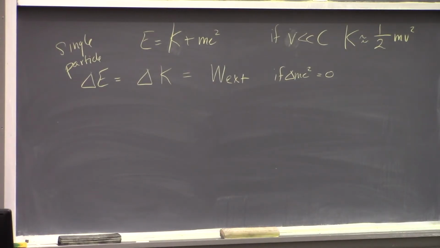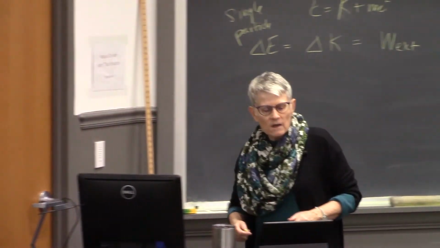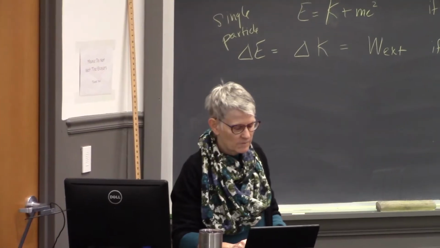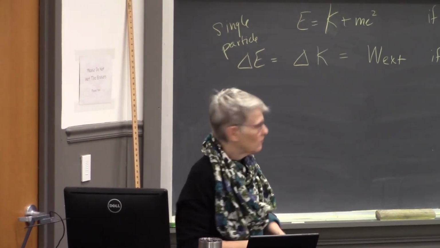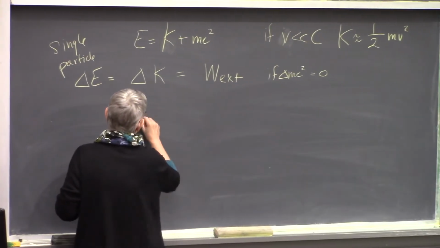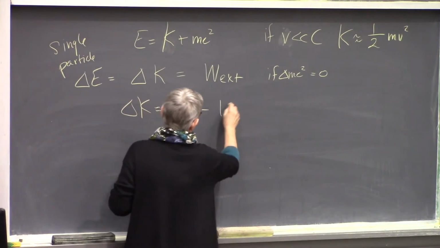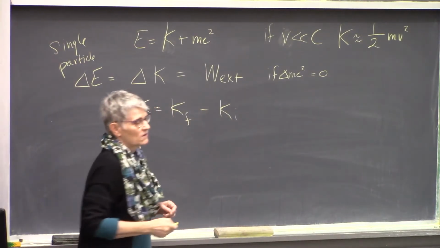So this should be amazingly familiar. Now, remember also that delta means the difference, so delta K is the kinetic energy of the final state minus the kinetic energy of the initial state.